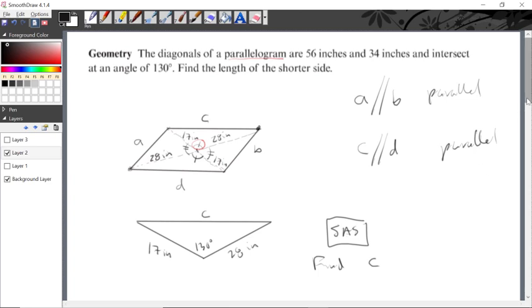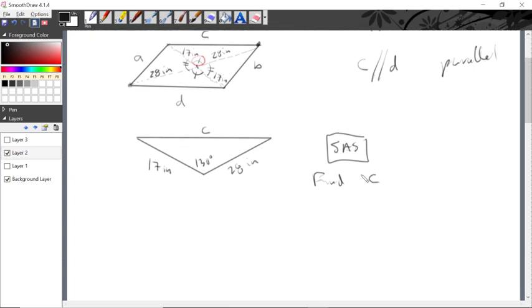Therefore, we can relate these quantities of three side lengths and an angle through the law of cosines. We can set up the law of cosines to solve for our missing side length C by isolating C squared. So C squared would equal A squared plus B squared, that looks like the Pythagorean theorem, minus 2 times these same two side lengths, that is the side lengths that are not the one that's isolated.